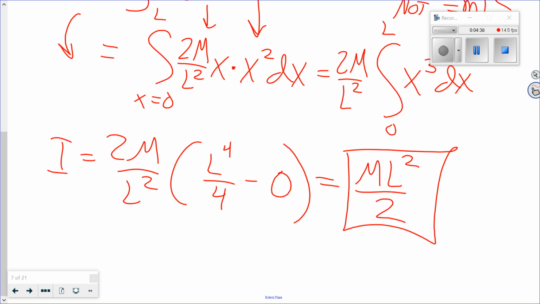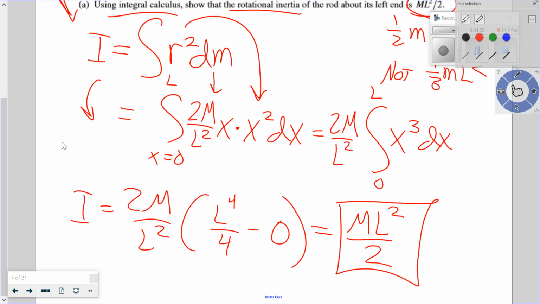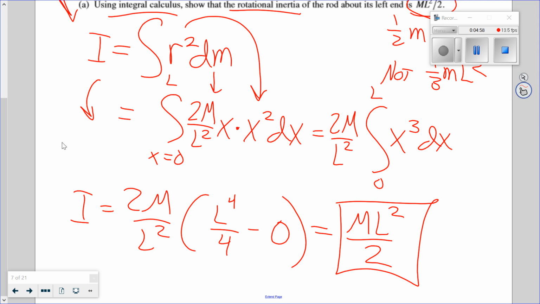I set up an integral like they asked. I do need to write down how I define dm, right? On the equation sheet, it says I equals r squared dm. Since I have 5 seconds, I should put that my r there equals x, my lever arm equals the x coordinate in this situation, and dm I wrote up on the other page.